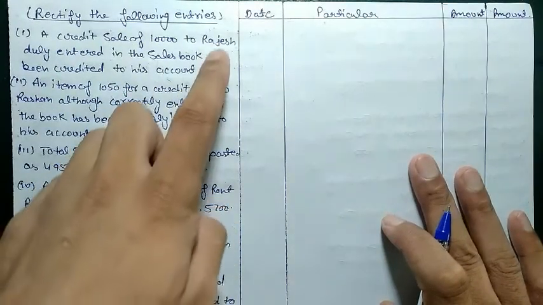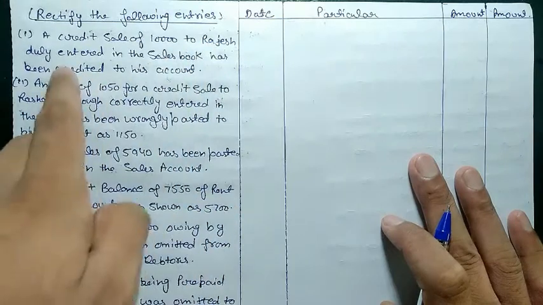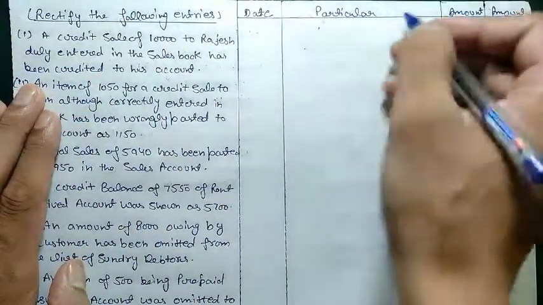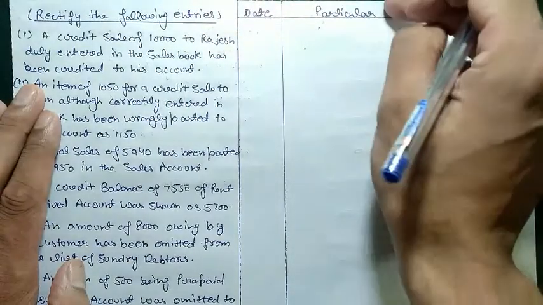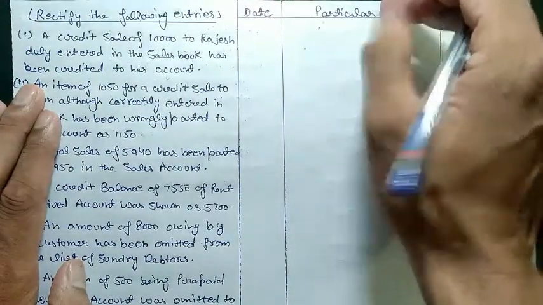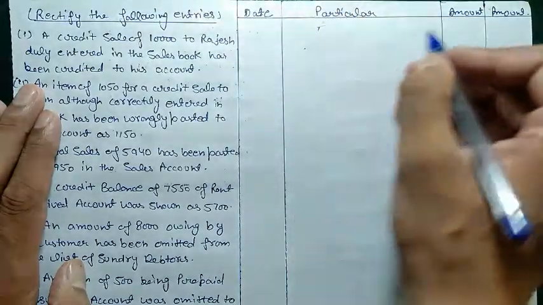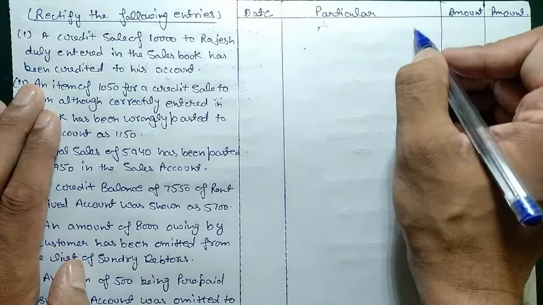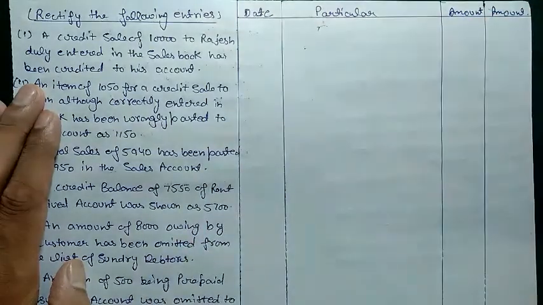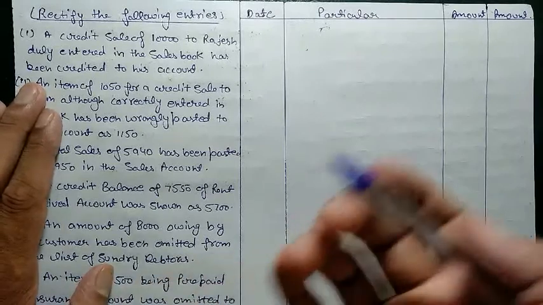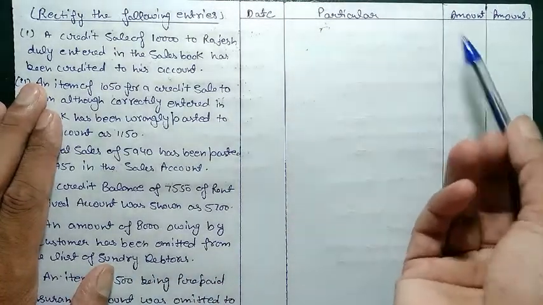Instead of debiting the Rajesh account, we credited his account, because when we have the entry Rajesh to sales, in the ledger account the entry goes on the debit side. What we did, we posted that on the credit side by sales. So it will increase the Rajesh balance by 10,000.